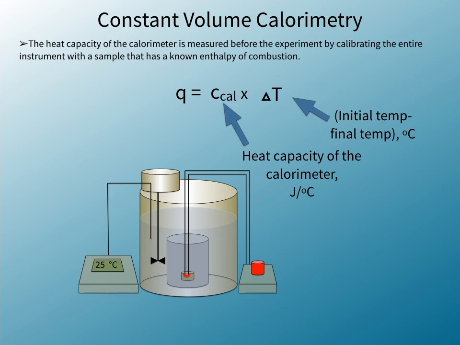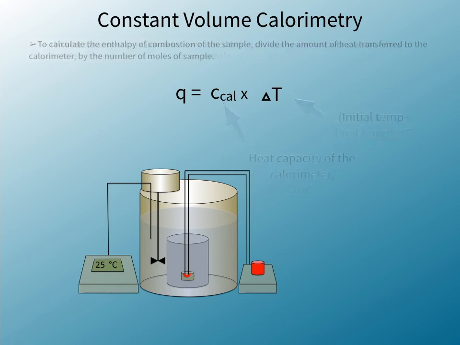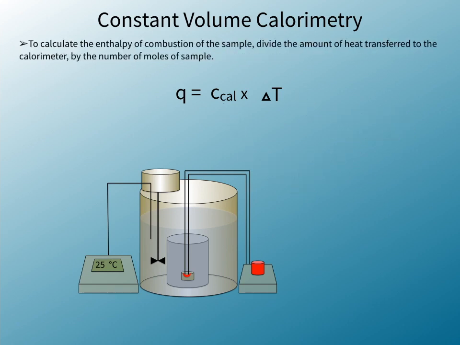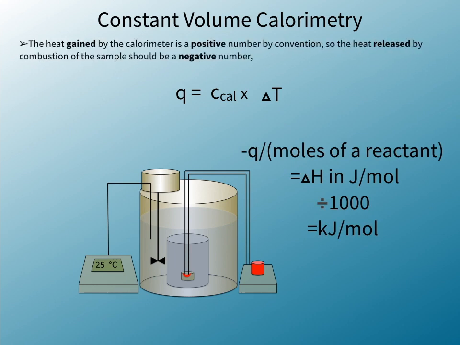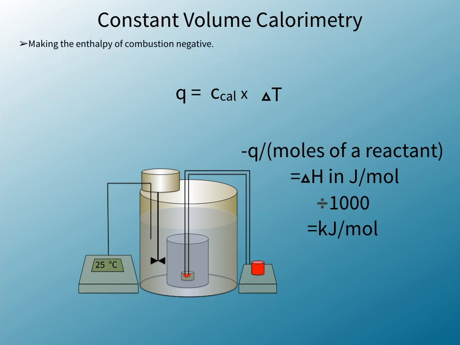The heat capacity of the calorimeter is measured before the experiment by calibrating the entire instrument with a sample that has a known enthalpy of combustion. To calculate the enthalpy of combustion of the sample, divide the amount of heat transferred to the calorimeter by the number of moles of sample. The heat gained by the calorimeter is a positive number by convention, so the heat released by combustion of the sample should be a negative number, making the enthalpy of combustion negative.